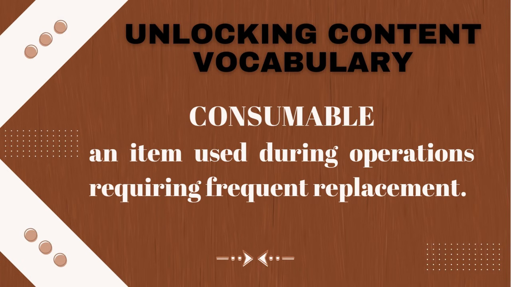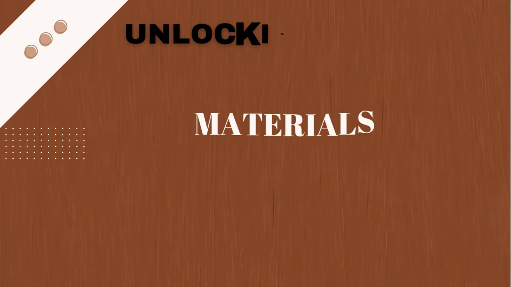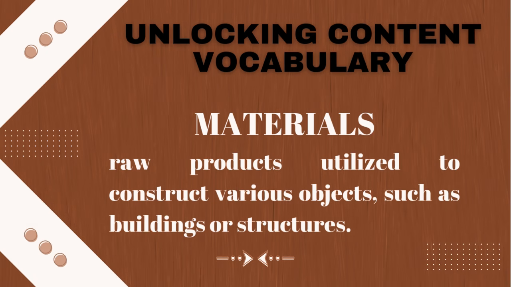Consumable: an item used during operations requiring frequent replacement. Materials: raw products utilized to construct various objects, such as buildings or structures.